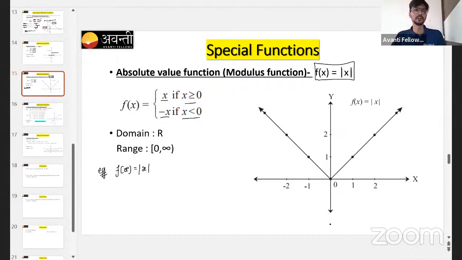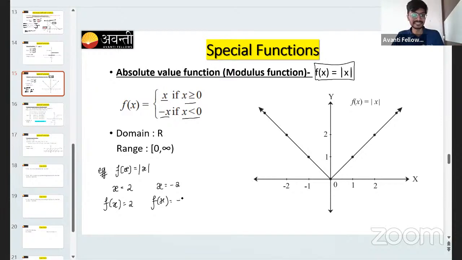Chalo. Suppose f of x is mod of x, which is my function. If I get the input, let's say x equals 2, then what is my output? My output is x itself. So my f of x will be equal to 2. But if I put x equals minus 2, then my output, which is f of x, is minus x.